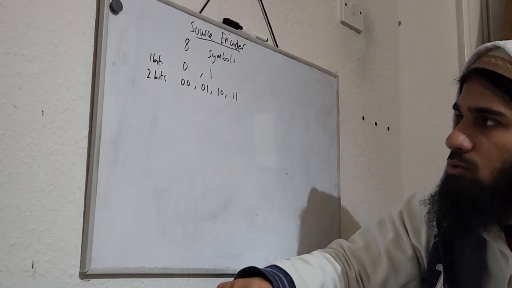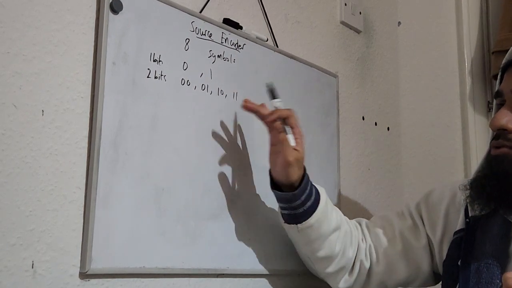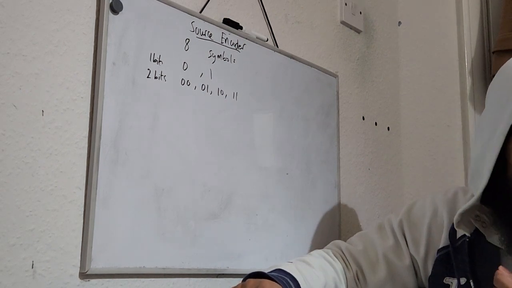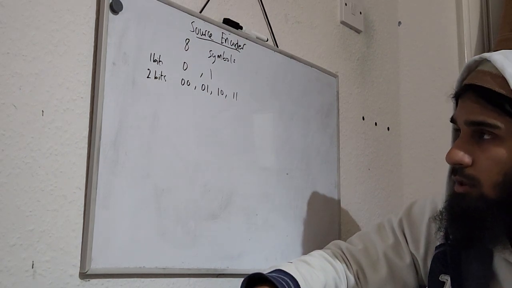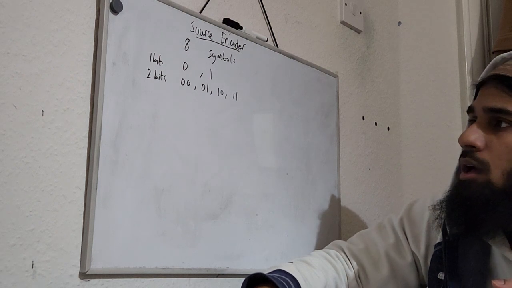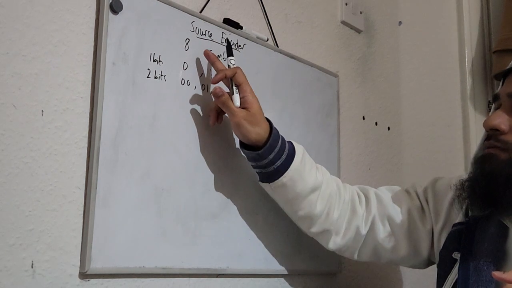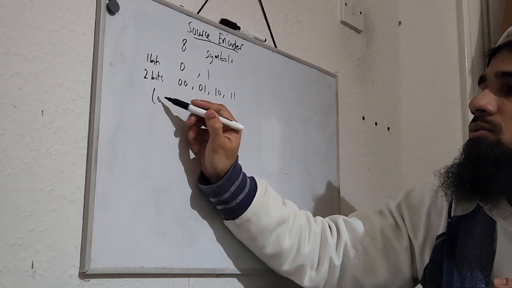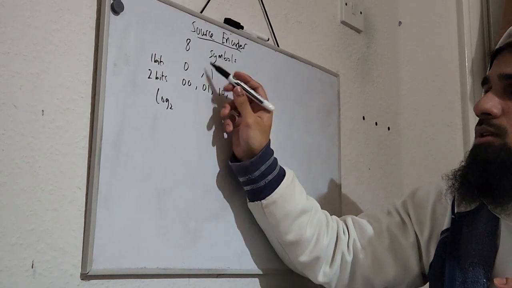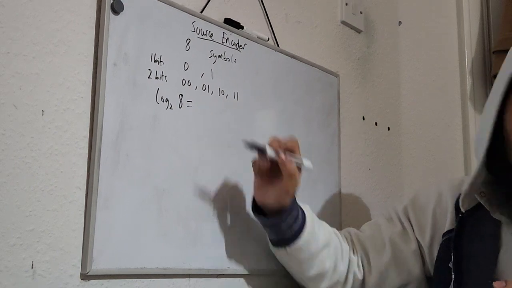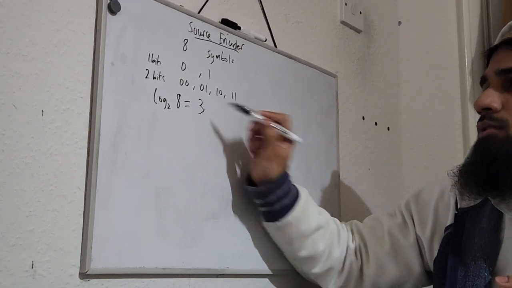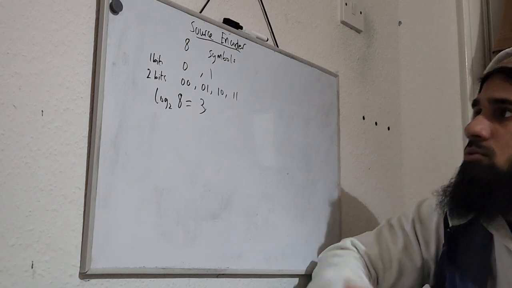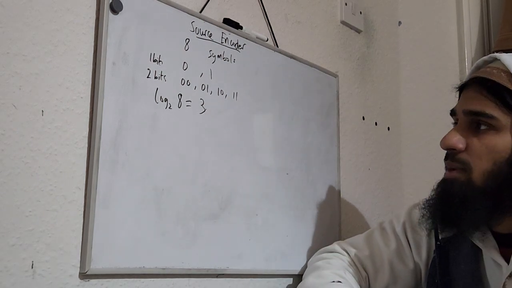How many symbols can you store? You can only store 4 symbols. So you need more bits. And if you want to work out for 8 symbols how many bits you use, well, you can use the equation log 2, put the number of symbols 8, and you get 3. 3 is the number of bits that you will be required to store this information.